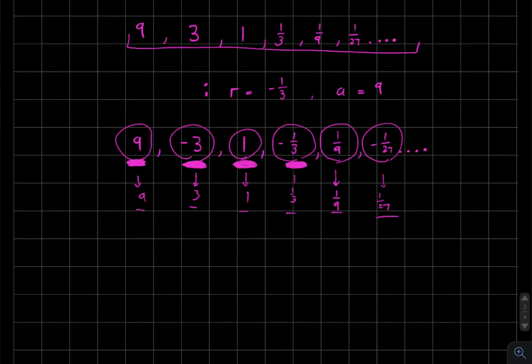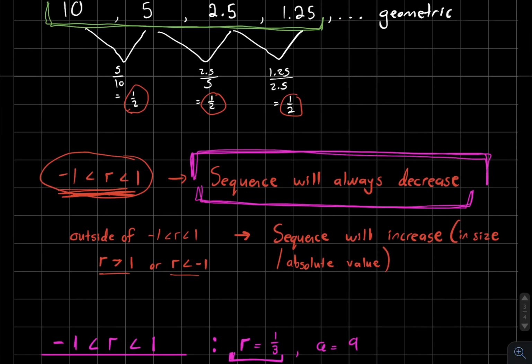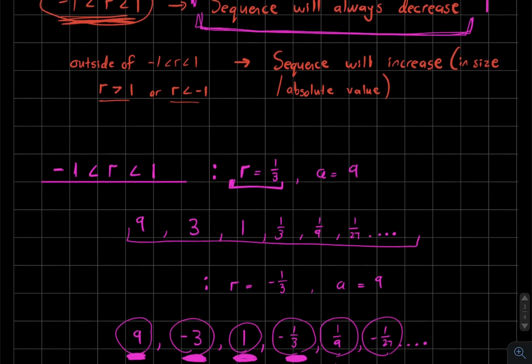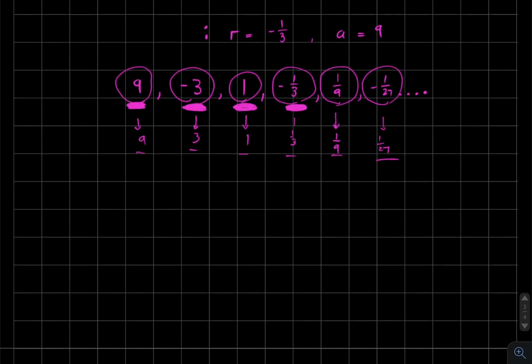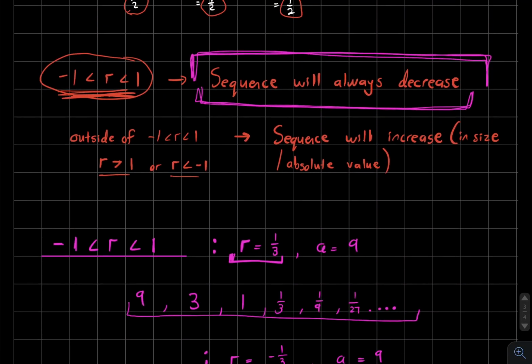Okay? So let us see. So we have our two examples where r is between -1 and 1. So we do see that we do need to adjust the statement here, because it says that the sequence will always decrease. But it does become a bit confusing when the sequence begins to fluctuate between negative and positive. Is it still decreasing or is it not?